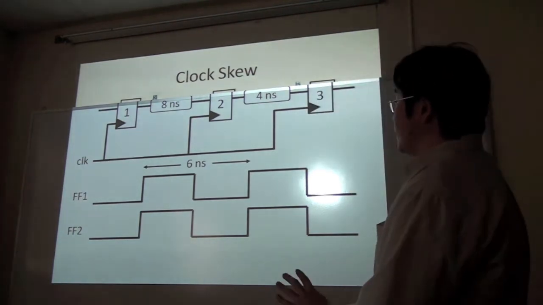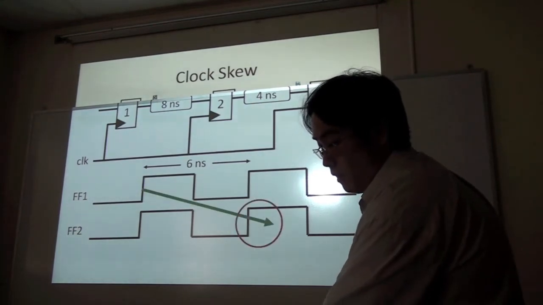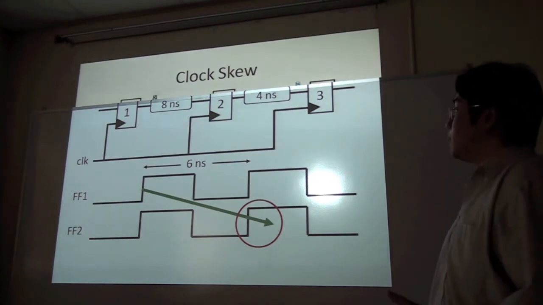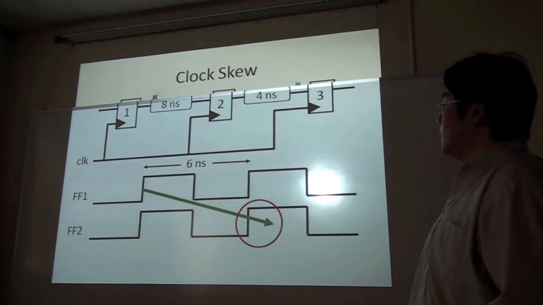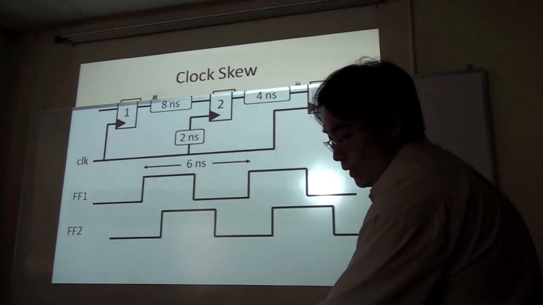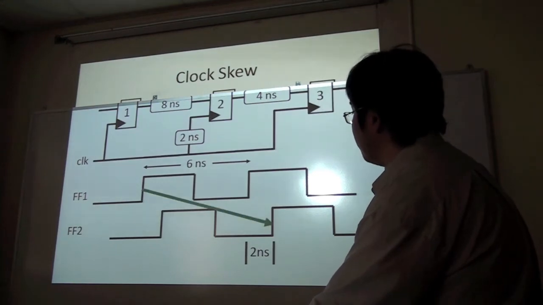Let's take a look at a timing diagram of clock skew. Without clock skew, the signal from the first flip-flop to the second flip-flop arrives too late. If we add the 2 nanosecond delay to the second flip-flop, it can arrive on time.